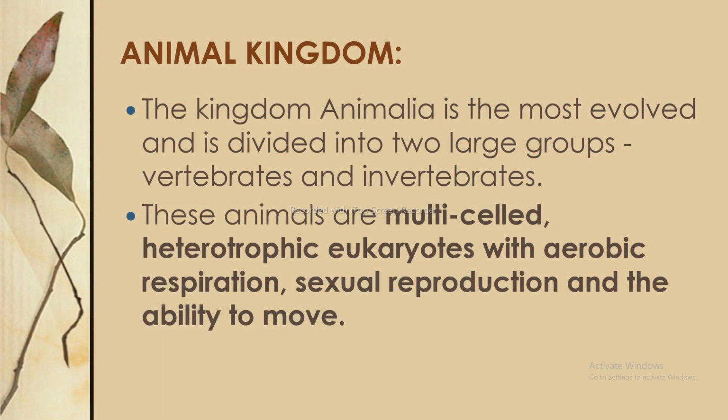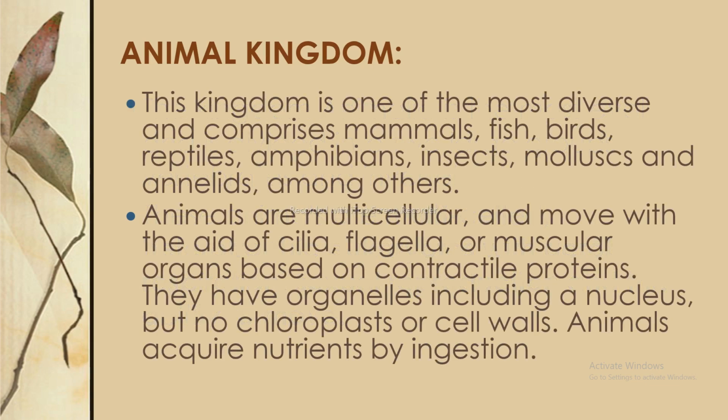The kingdom Animalia is the most evolved and is divided into two large groups, which are vertebrates and invertebrates. The animals are multicellular heterotrophic eukaryotes with aerobic respiration, sexual reproduction, and the ability to move. This kingdom is one of the most diverse and comprises mammals, fish, birds, reptiles, amphibians, insects, mollusks, and annelids, among others.